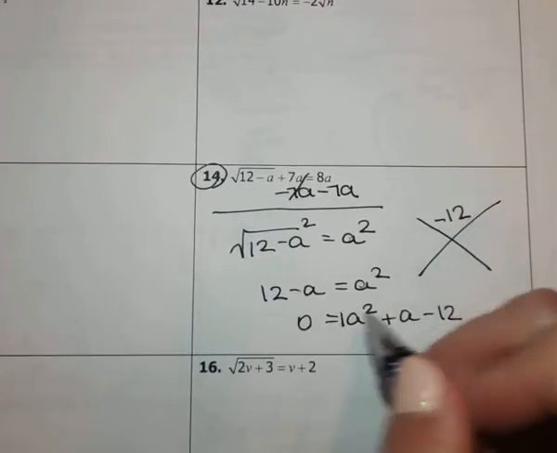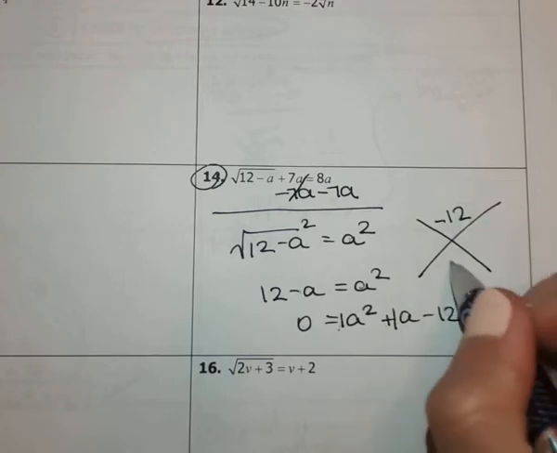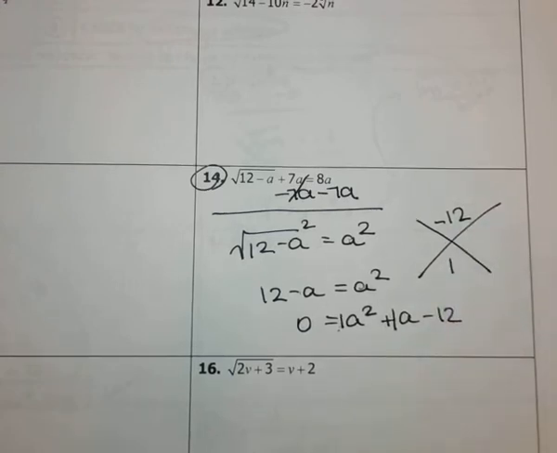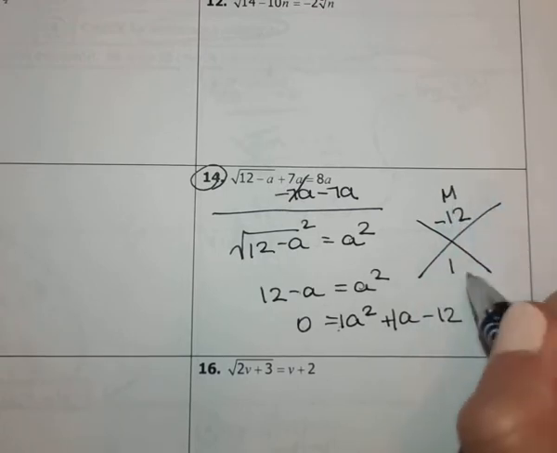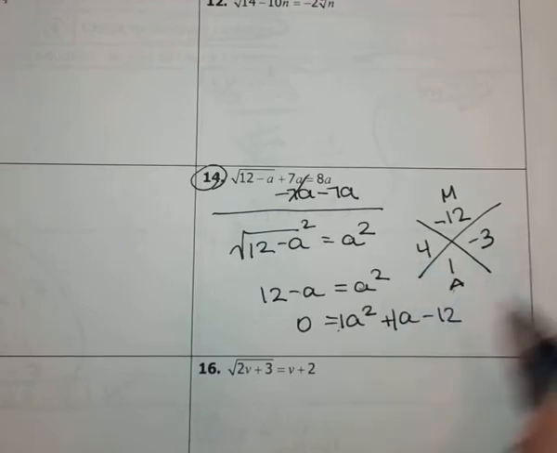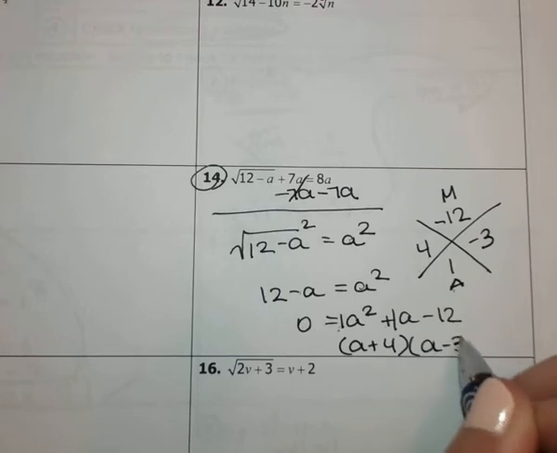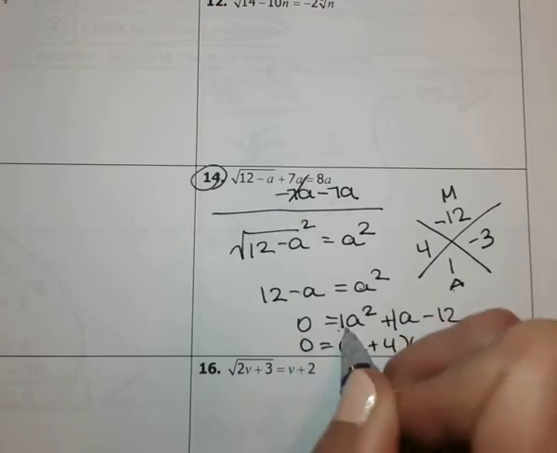So your a times your c, your 1 times your negative 12 goes in the top. Your b, which is a positive 1, goes in the bottom. So two numbers that multiply to negative 12 and add to positive 1, that's going to be 4 and negative 3. We can jump to our factors, a plus 4 and a minus 3, since our a value is 1.